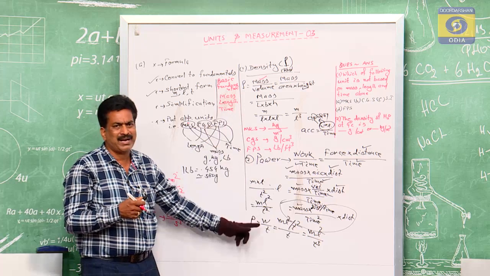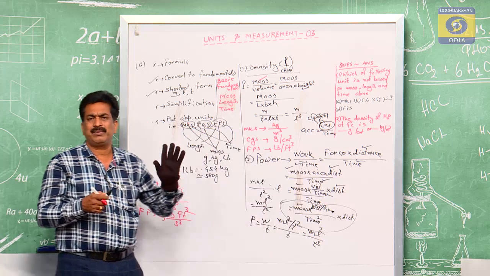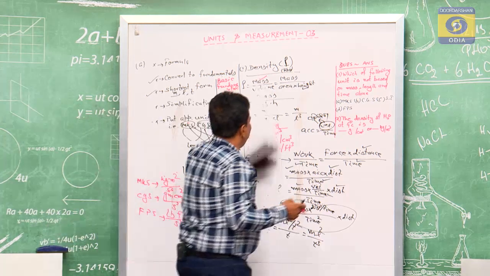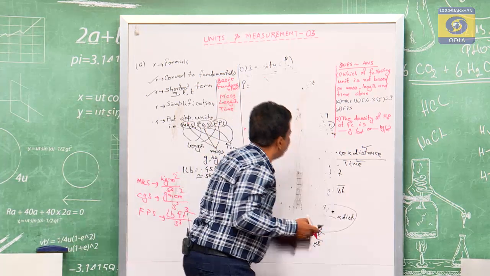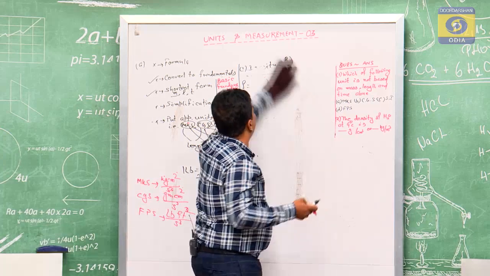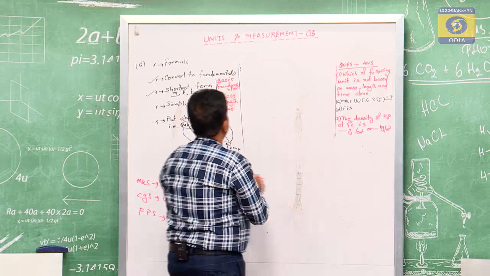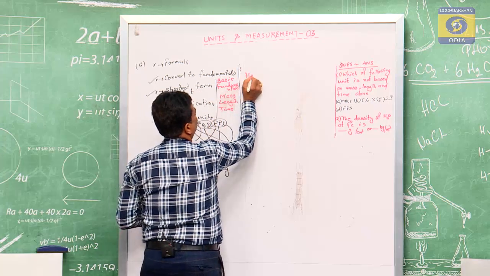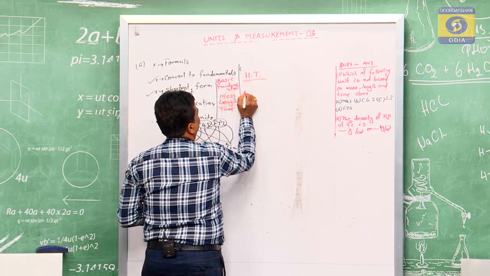But for that practice, you have to follow this way. So, I will give you some homework to find the unit of different quantities. Please take it as your homework.